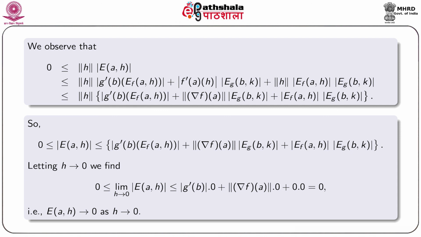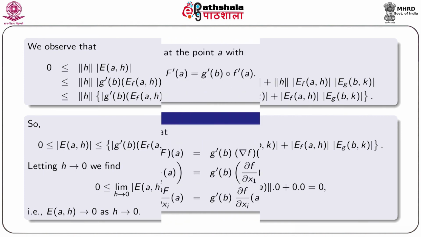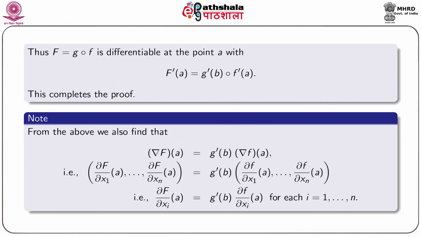So, letting H tend to 0, we find that the limit of modulus E A H as H approaches 0 is sandwiched between 0 and 0, that is E A H tends to 0 as H tends to 0. Thus, the map F equal to g compose f is differentiable at the point A, where F dash A equal to g dash B composition f dash A. This completes the proof.